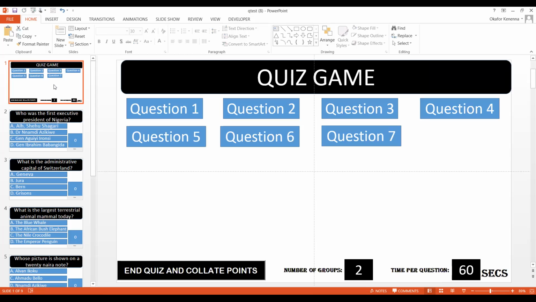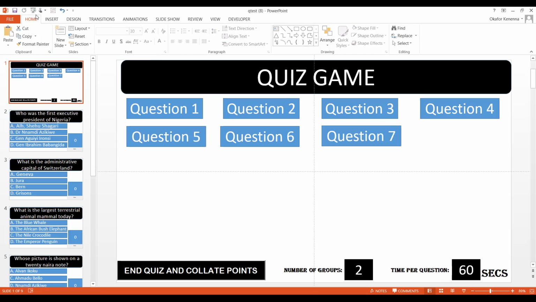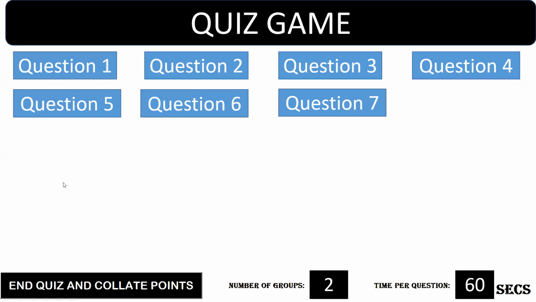So let me go back to the first slide, and I will show us actually how this should be used. So slideshow, question 1. Okay, so number of groups 2, time per question 60 seconds.